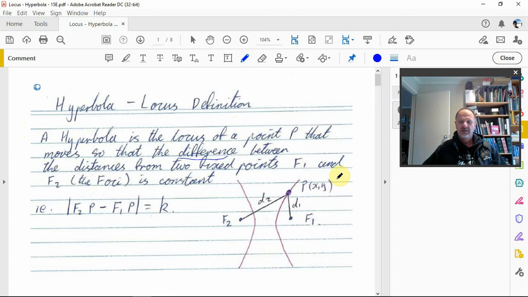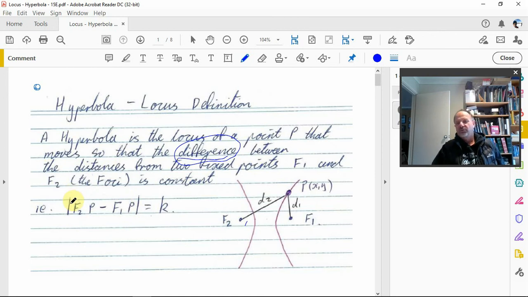So here's our two foci, F1 and F2, and the distance there between focus 2 and point P, minus, because we're talking about difference, minus that distance there, is a constant.